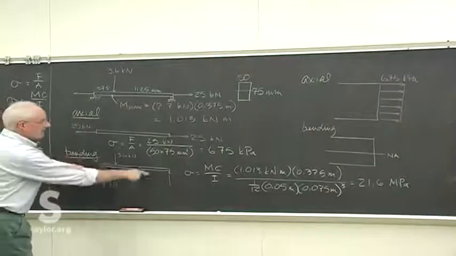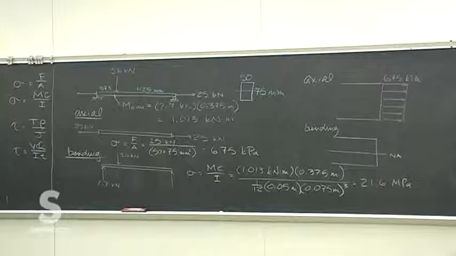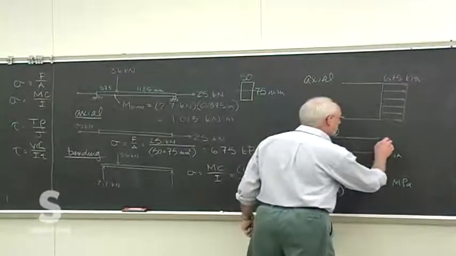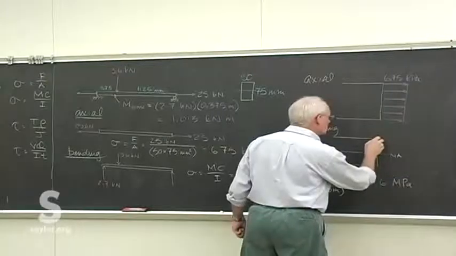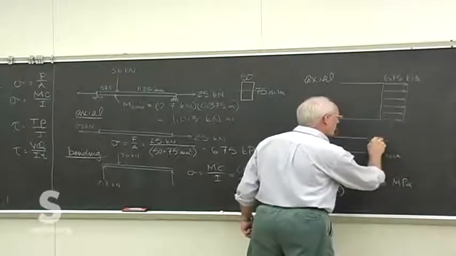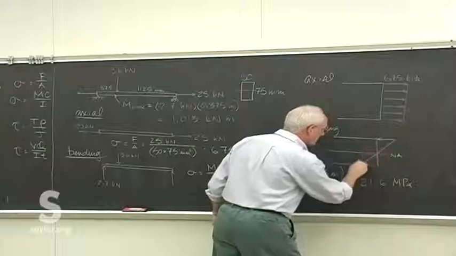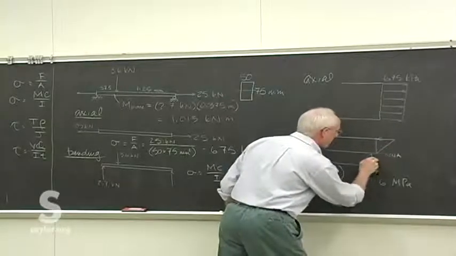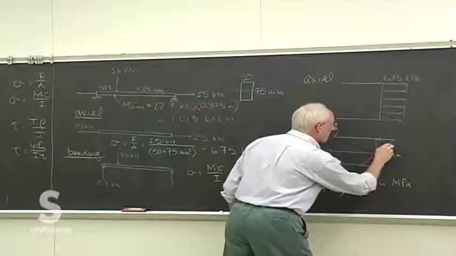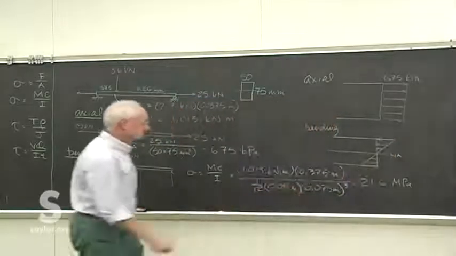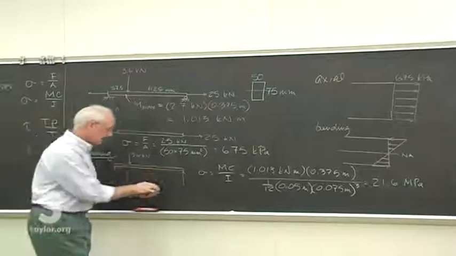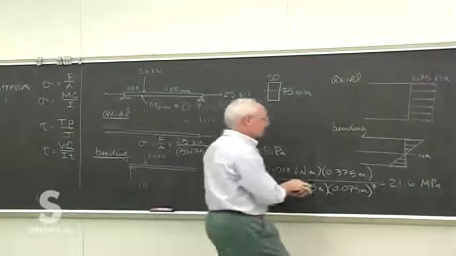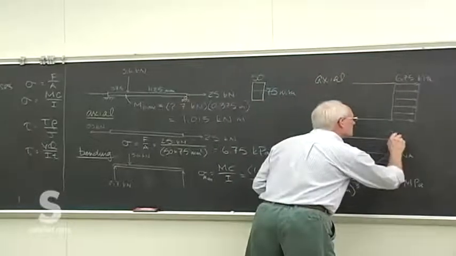And because of the type of bending, we've got compression in the top of the beam and tension in the bottom. What we figured out here, remember, was the maximum stress.